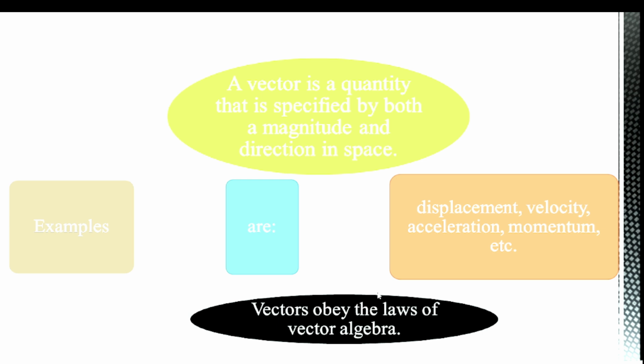The laws of vector algebra are the rules that govern how we manipulate vectors, which are quantities that have both magnitude and direction. Some of the key laws: vector addition, vector subtraction, scalar multiplication, dot product, cross product, and then etc.